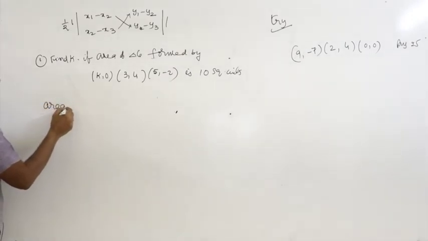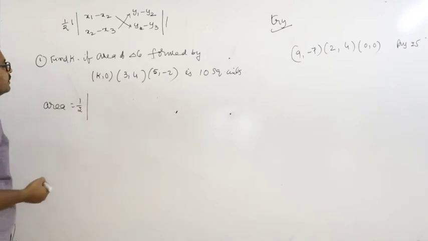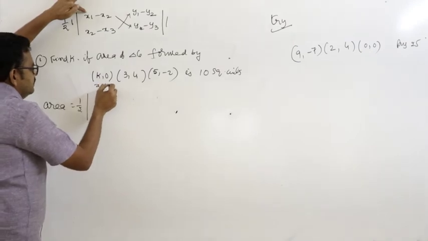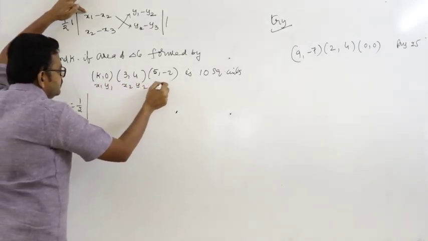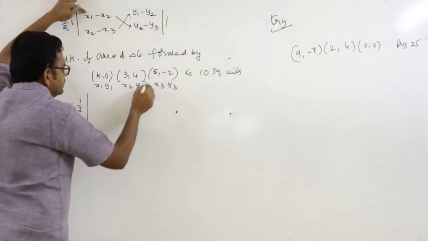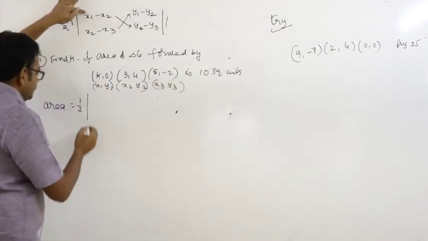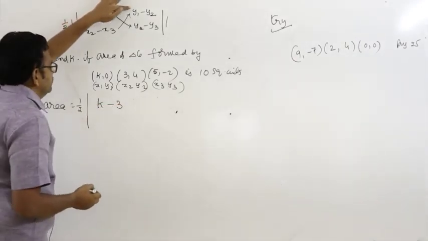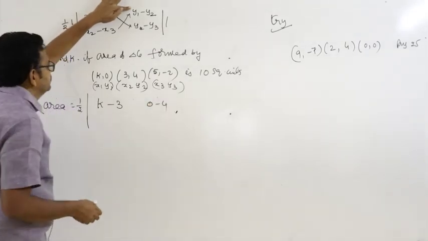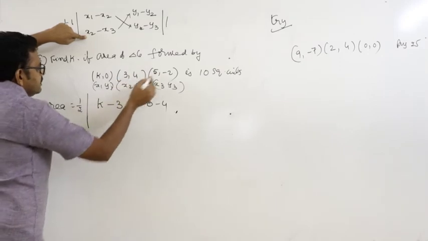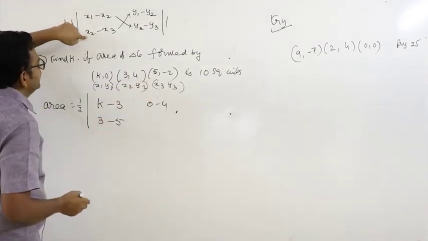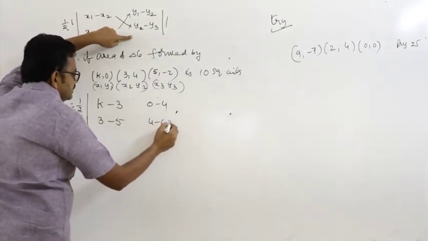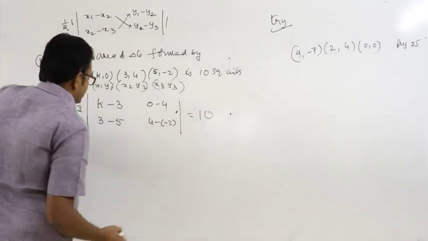Area of triangle formula: let's simply call it mod of the determinant. Using this formula, with x1, y1, x2, y2, x3, y3, that is x1 minus x2, k minus 3, y1 minus y2, 0 minus 4, x2 minus x3, that is 3 minus 5, y2 minus y3, that is 4 minus of minus 2, is equal to the given 10.